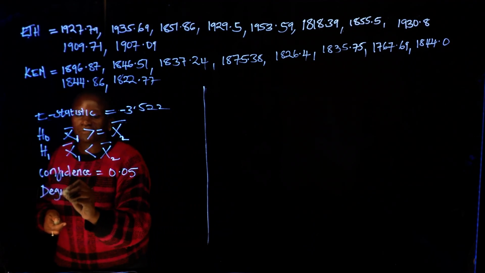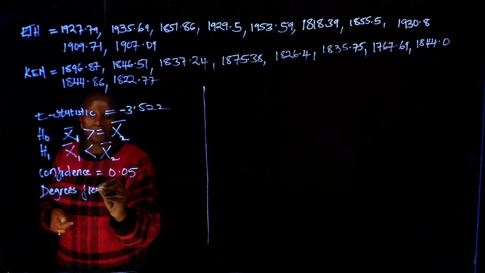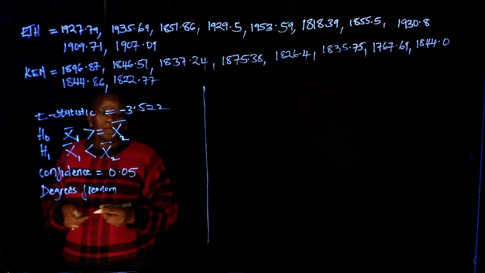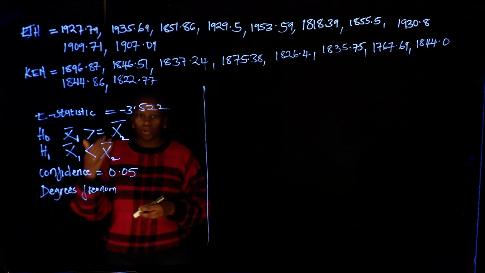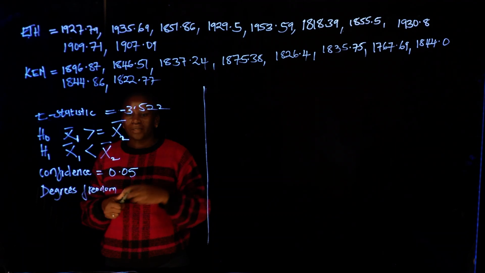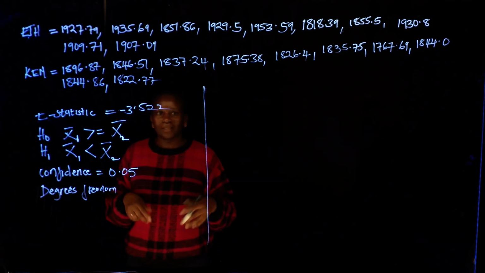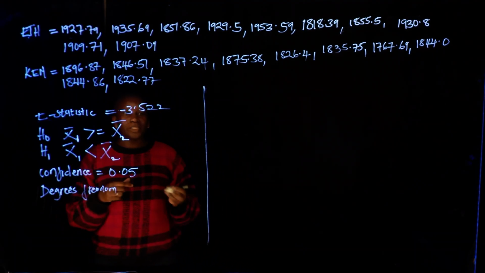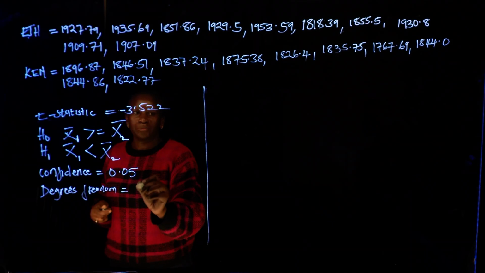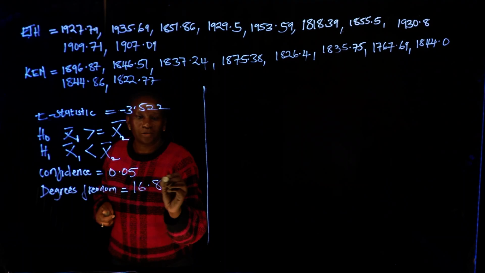Now, the degrees of freedom calculation depends on your data. So if there is uniform variance between the two groups, you have different formulas, which you can look up in the notes. And then if you have an unequal variance, then you have a different formula for that. So here, we already got our degrees of freedom to be a value of 16.809.